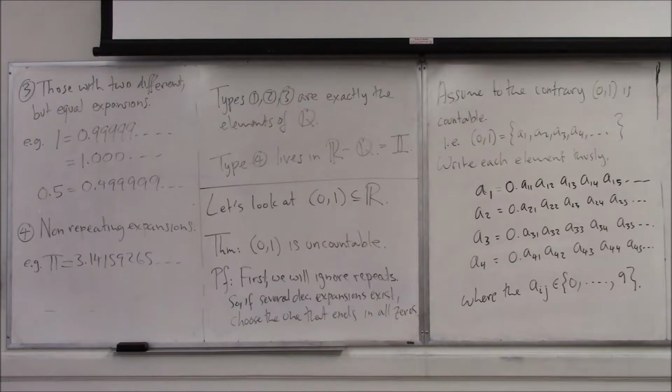So these are just digits. So I'm writing out the decimal expansions of the numbers that are between 0 and 1.